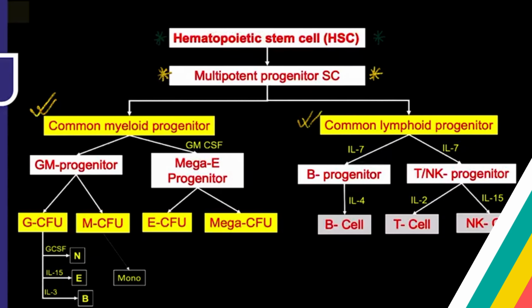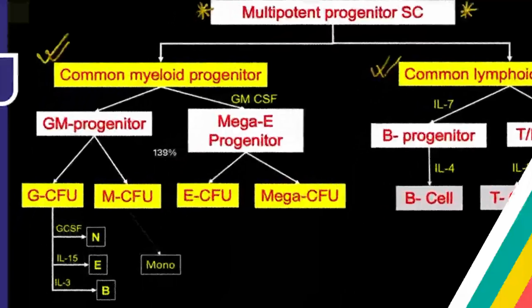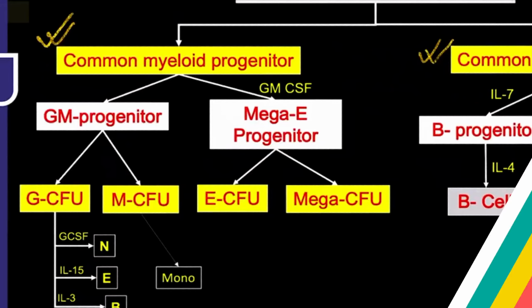Now this common myeloid progenitor forms two cell lines. One is the granulocyte monocyte progenitor series and the other is the megakaryocyte erythroid progenitor series. So myeloid cells give rise to two lineages.